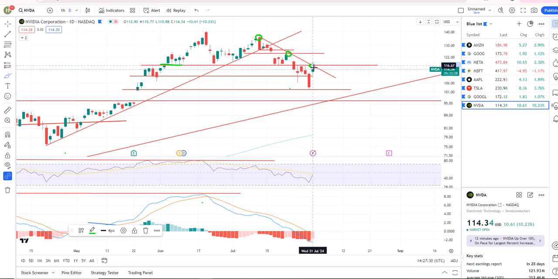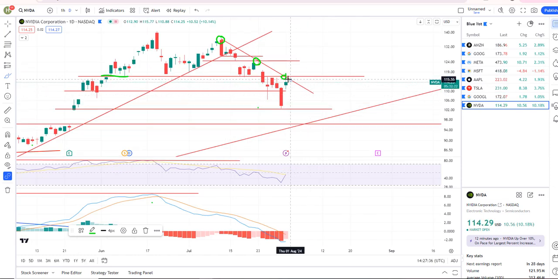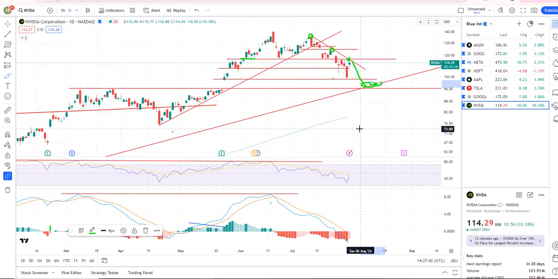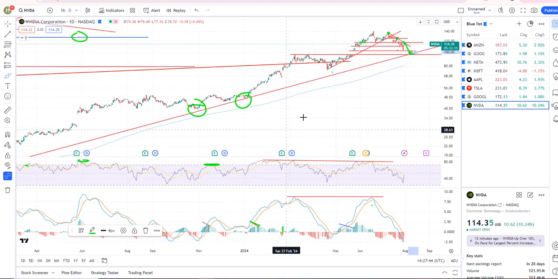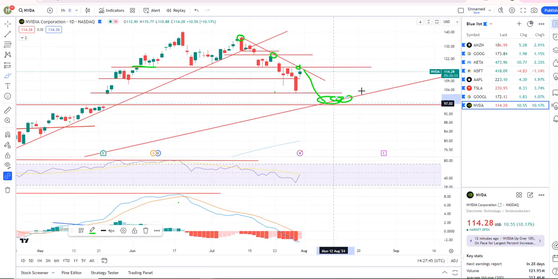So I think we're going to get a little bit more upside, maybe up to that 117, 116.85. You want to step in a little early, and then we get that next move down to that major trend line. That's major daily support. So down there, it would be objective to maybe go long, because that would be that major support.